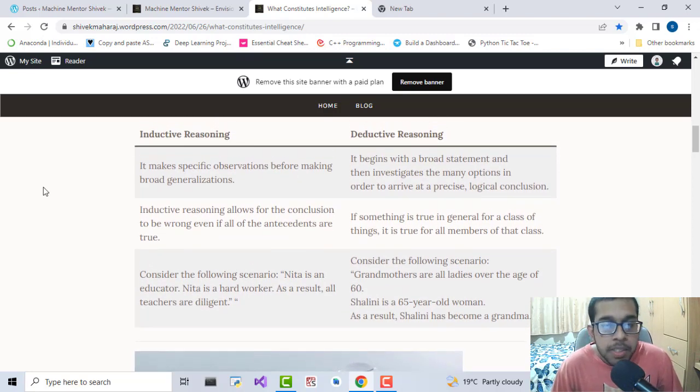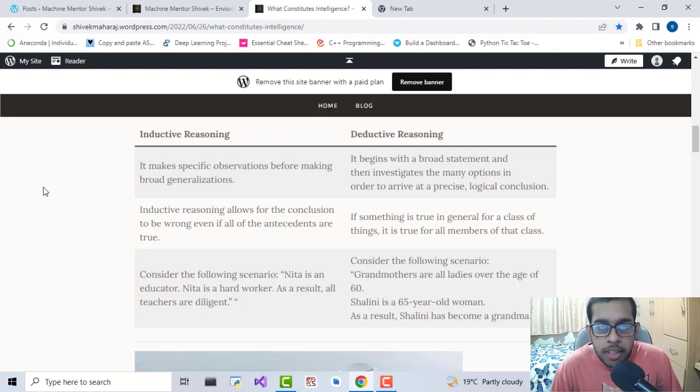It makes specific observations before making broad generalizations. Deductive reasoning. It begins with a broad statement and then investigates the many options in order to arrive at a precise logical conclusion. Inductive reasoning allows for the conclusion to be wrong, even if all of the antecedents are true.